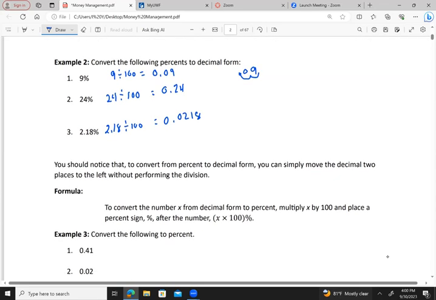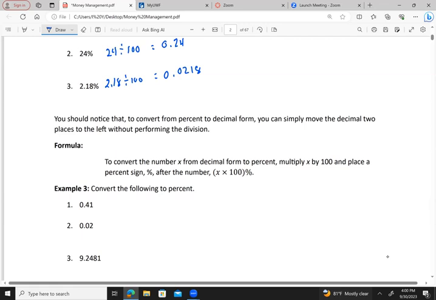To convert the number x from decimal form to percent, simply multiply by 100 and place the percent sign after the number. So 0.41 times 100 is 41%. 0.02 times 100 is 2%. 9.2481 times 100 is 924.81%.